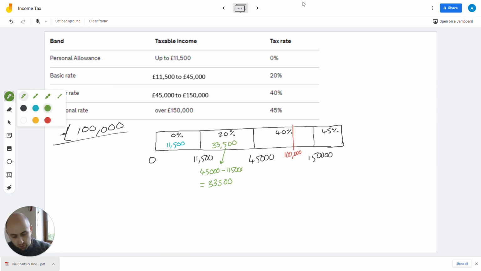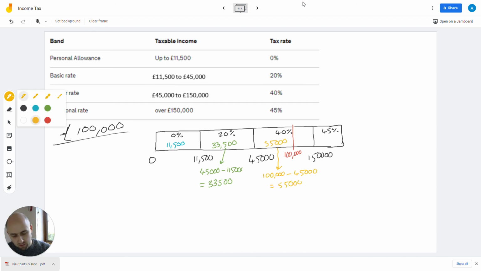Okay, and now we're at the 40%. Well, let's have a look at this 40% here. We're going from 45,000 up to 100,000, and then we're stopping. So to work out how much money goes in there, we'll just work out the difference between 100,000 and 45,000. Okay, which is going to be 55,000.